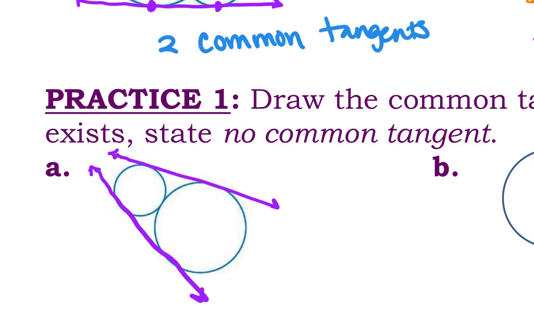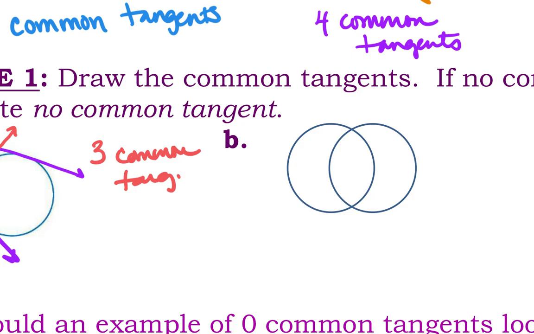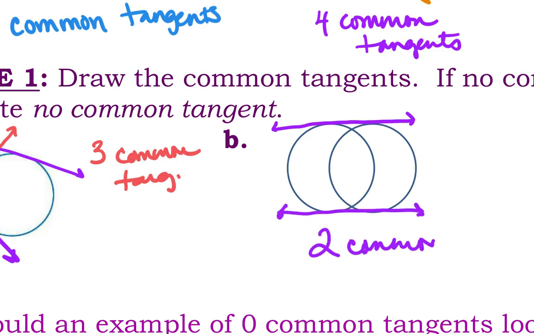And then some of you found the third one, which happens to be right here. So this one had 3 common tangents. All right, and then the last one, I saw that everyone had this one correct. It was just the top one and the bottom one. So you should have had one on top and then one on bottom. So 2 common tangents.